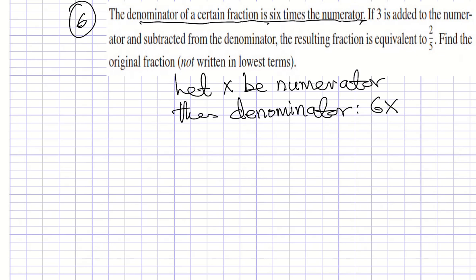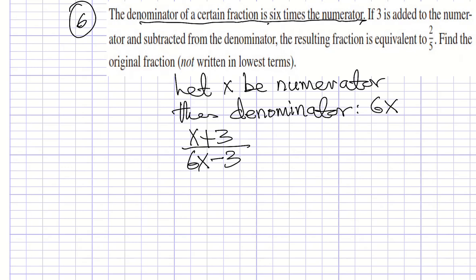And then look at the next one. If 3 is added to the numerator and subtracted from the denominator. So 3 is added to the numerator, x plus 3, and subtracted from the denominator. Originally we have x over 6x.